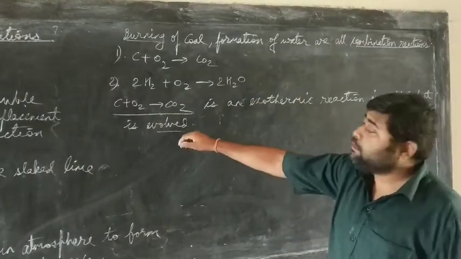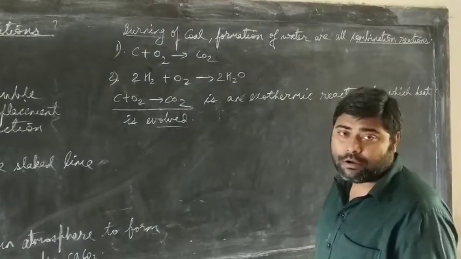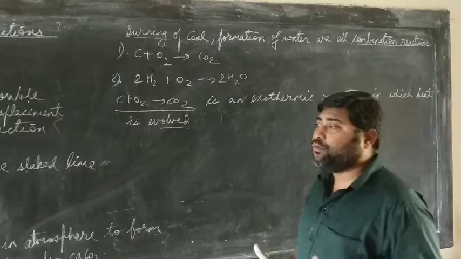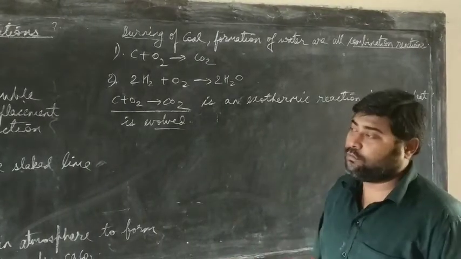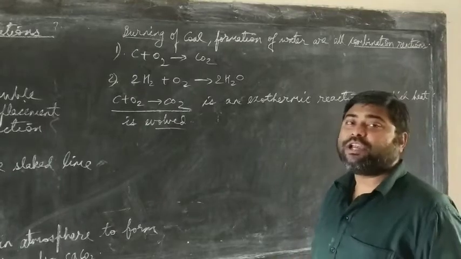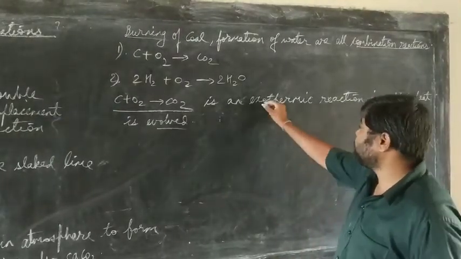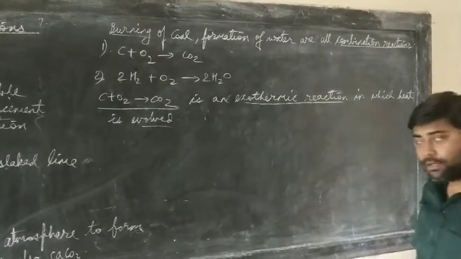And remember, when you burn anything in air, like when we burn coal in air, then what is the product? You get a gas which is called carbon dioxide, and also heat is evolved. So a reaction in which heat is evolved is known as exothermic reaction.